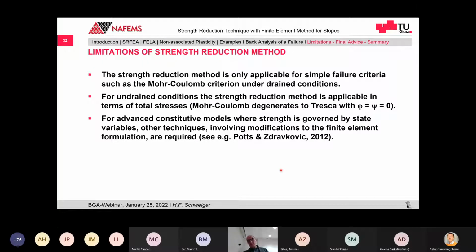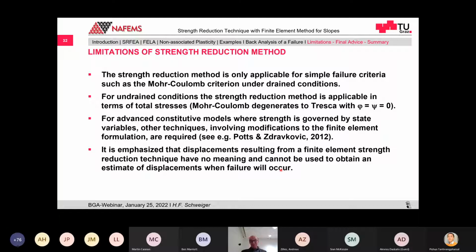I've seen papers where people use hyperplasticity, where strength is basically governed by the void ratio, so they change the void ratio to arrive at failure. It can be done, it works, but one has to be careful when comparing these factors of safety with the standard one I'm discussing here. It's not the same thing.